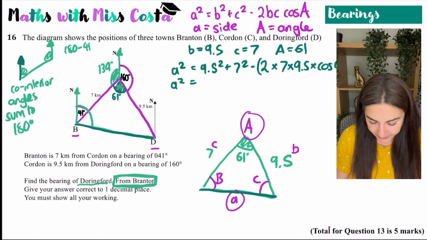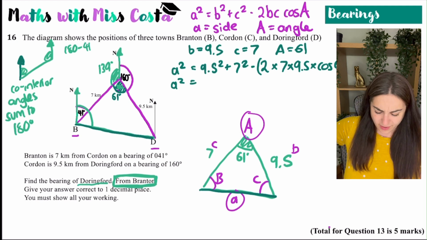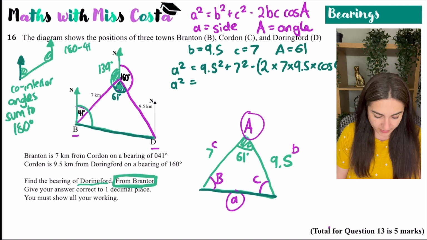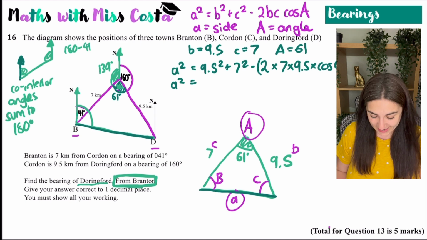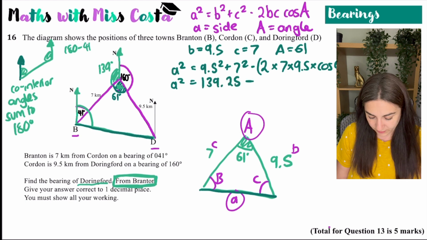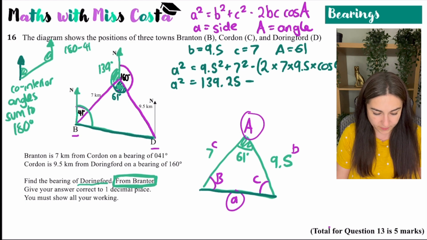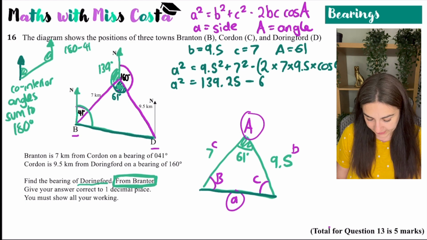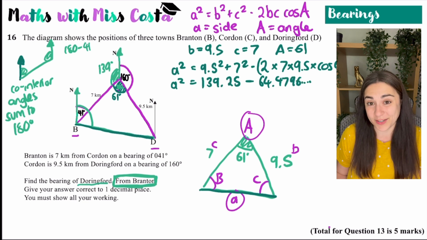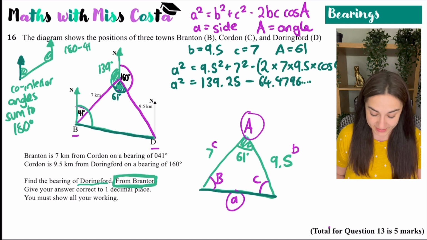So a squared is going to be, and I always tend to do the calculation in two parts, so I do 9.5 squared plus 7 squared, just because it minimises accidental errors on the calculator. So that's 139.25, and then 2 times 7 times 9.5 times cos 61 is 64.4796, but I don't need to write it all out because it's memorized on my calculator.